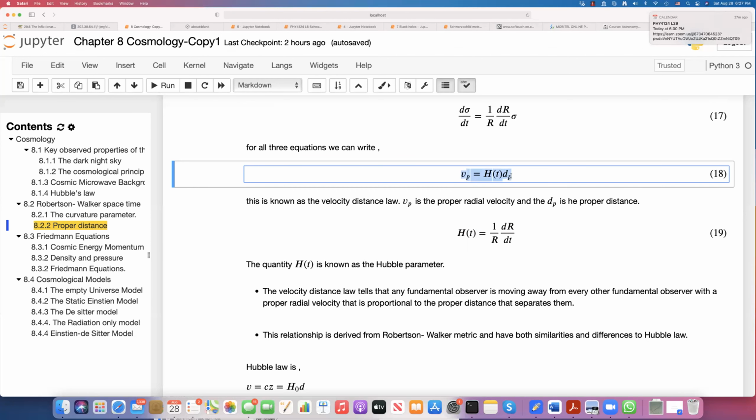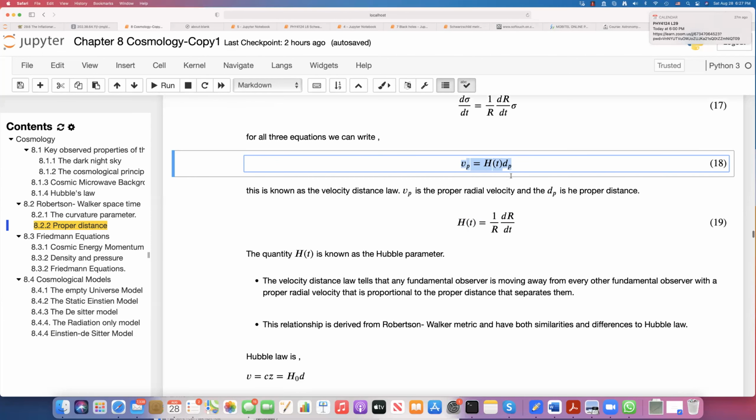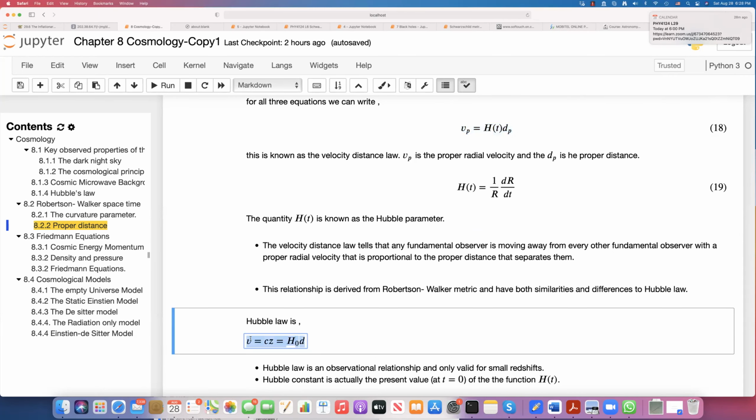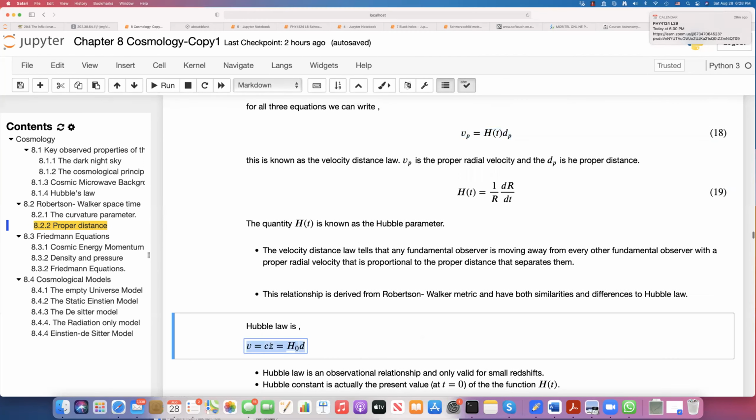Now, if you look at Hubble's law, and this is the Hubble law that I have defined earlier, right? So it is also velocity, which is measured using this velocity redshift relationship, and then that should be equal to H naught times d, right? Now this is actually an observational relationship, right?